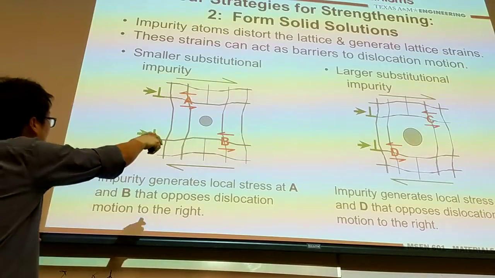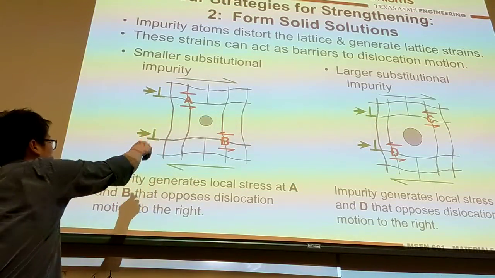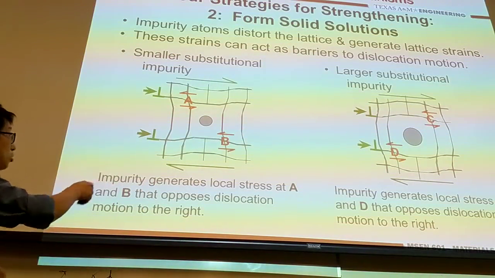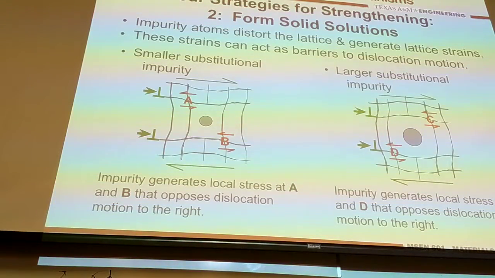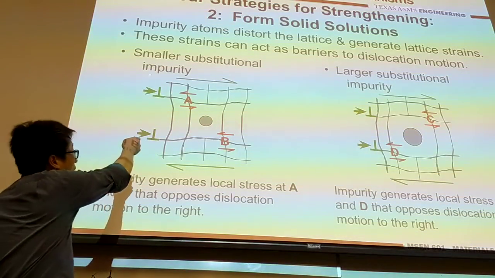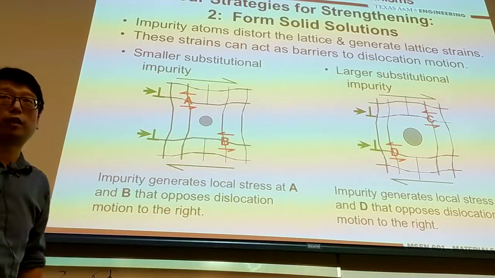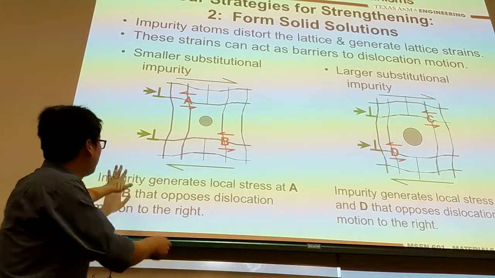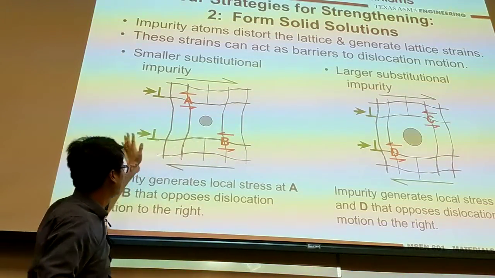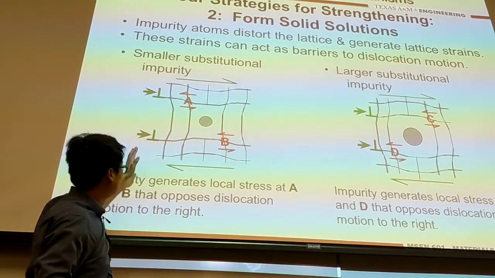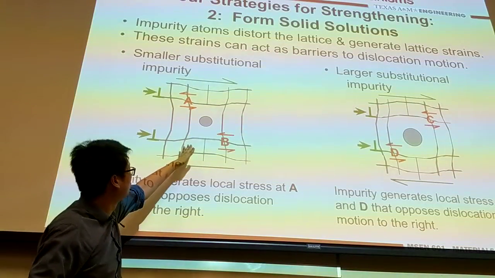What happens is that the local stress around this atom, for example, at the left top corner, has a counter stress field to the motion of this dislocation across this region. So therefore, this dislocation will have a hard time to move from left to right. However, if you look at this particular position, the stress field is pointing to the right-hand side, so this dislocation can move to the right-hand side here.